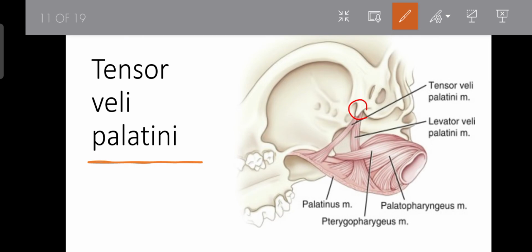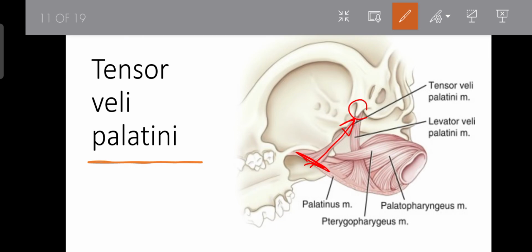The scaphoid fossa is just above the pterygoid fossa, and it's inserted into the palatine aponeurosis, and we can conclude the action of this muscle. It's from the insertion to origin, so it makes tension on the soft palate, and in relation to the auditory tube, it causes the opening of it.